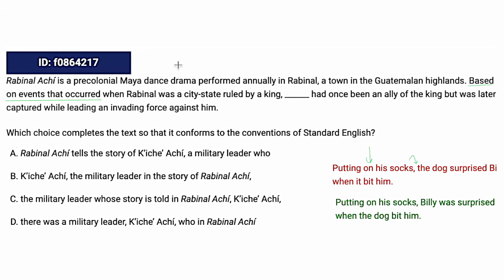Okay, so a dance could be based on events. So let's keep A, and then the military leader, that's a person, so it can't be C. "There was a military leader," that's not going to work either. K'iche' Achi, the military leader, again, that's a person, so we know that it's A, again, because a dance is the only thing that could be based on events that occurred.